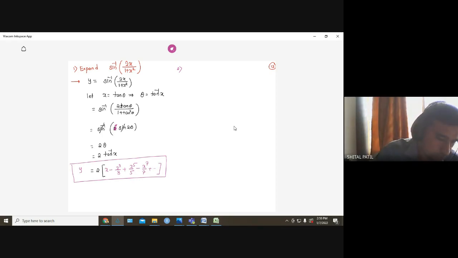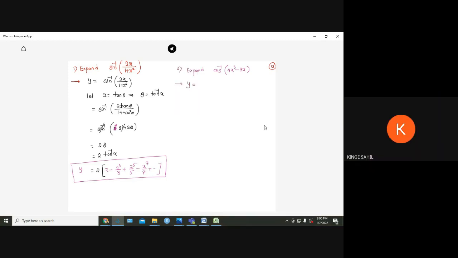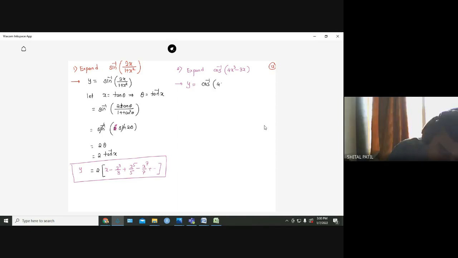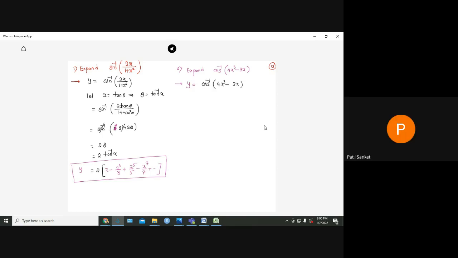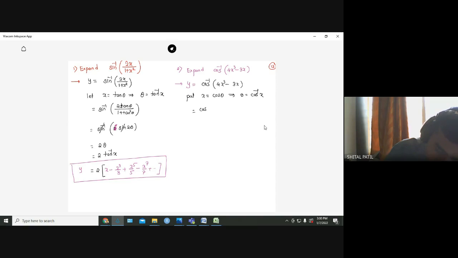Okay, next. Simple example. Let us expand cos inverse of 4x cube minus 3x. Y equal to cos theta.